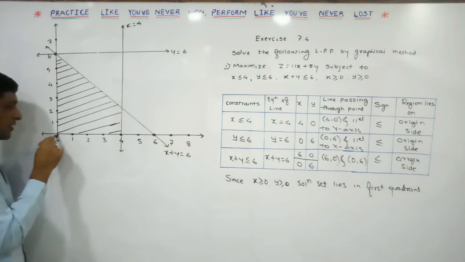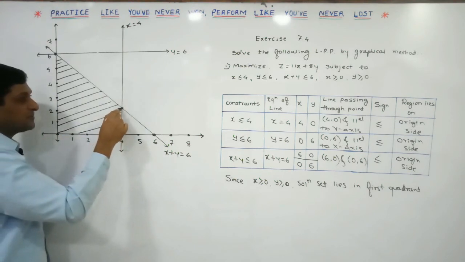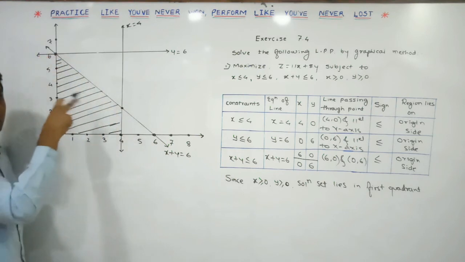Now denote the corner points. Here we can observe that this feasible region is nothing but a convex polygon.